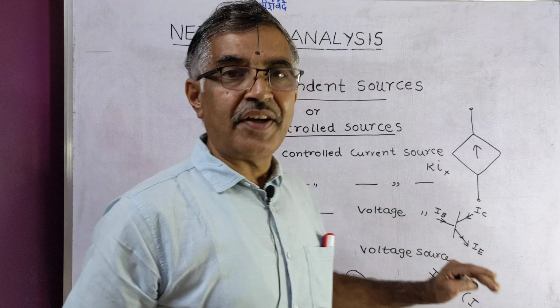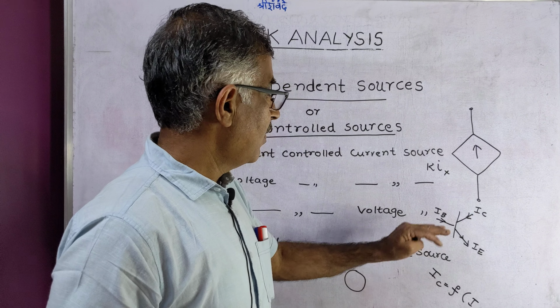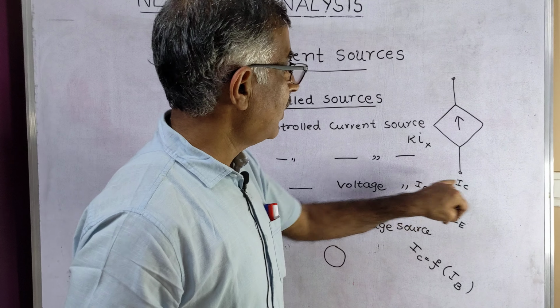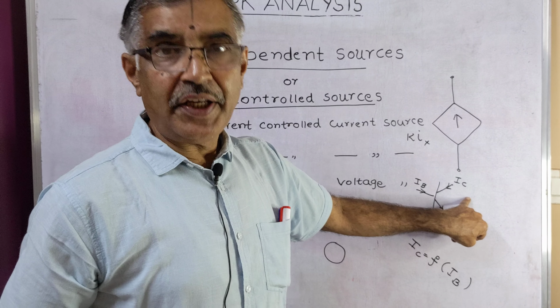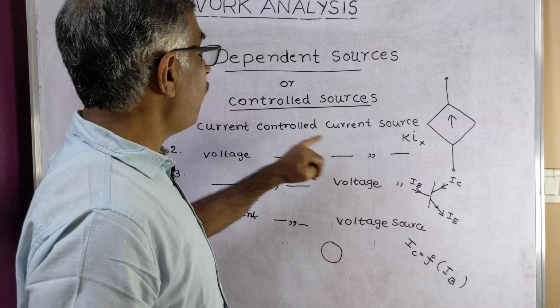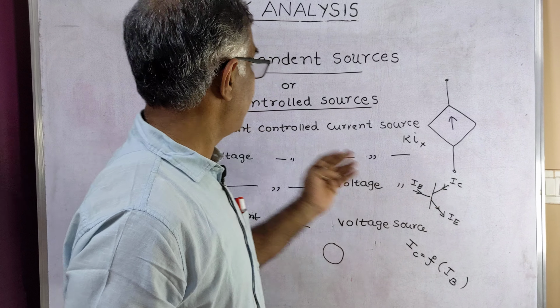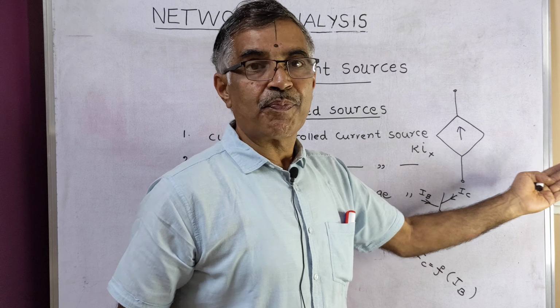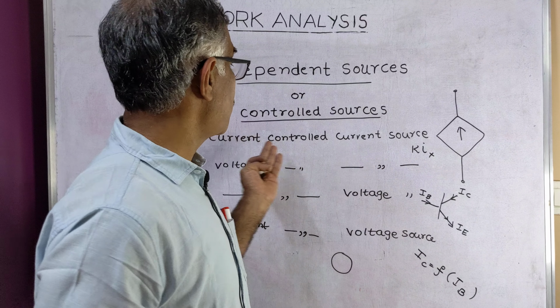So IC current is decided by base current. So there is an influence of base current on collector current. So influence of IB on IC. So that is what current controlled current source. Okay. Current controlled current source.